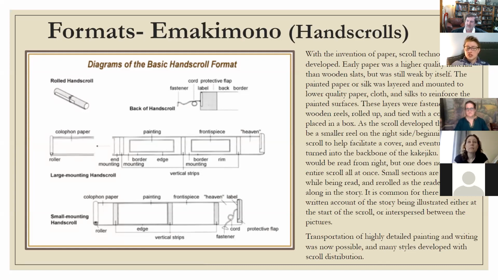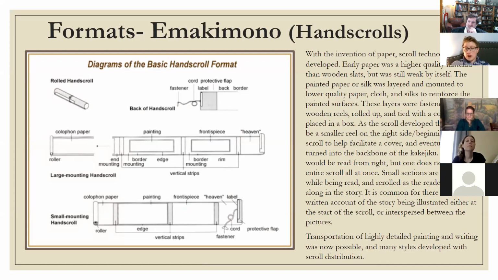And then they were fastened to wooden reels, which were rolled up and tied with a cord or placed in a box. And as the scroll developed, there would be a smaller reel on the right side at the beginning of the scroll to help facilitate a cover, and this eventually turned into the backbone, the kakejiku, or the hanging scroll.